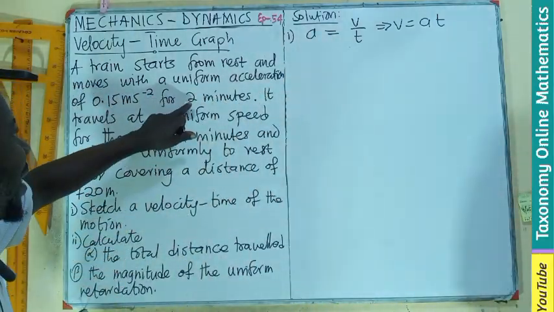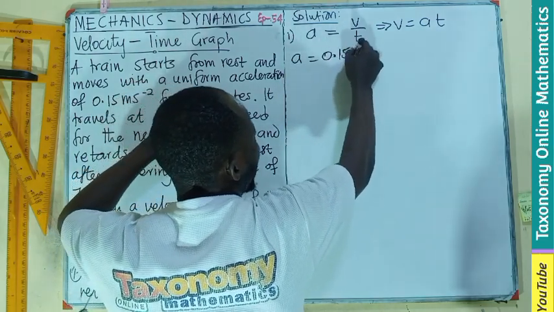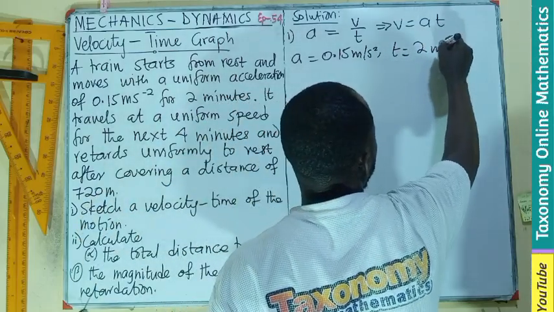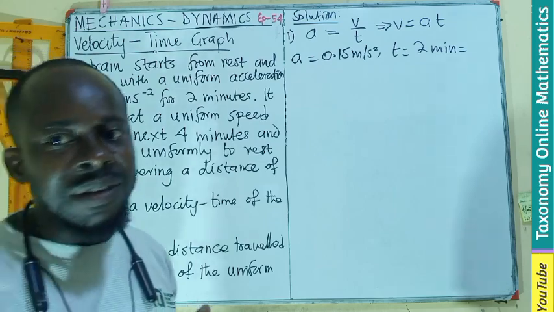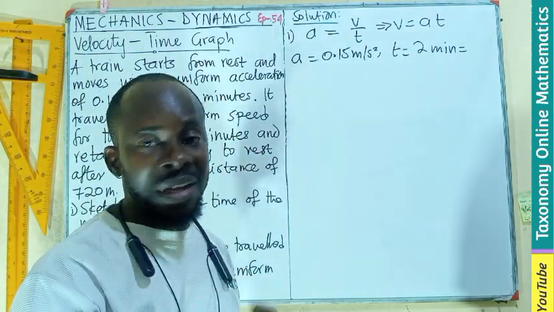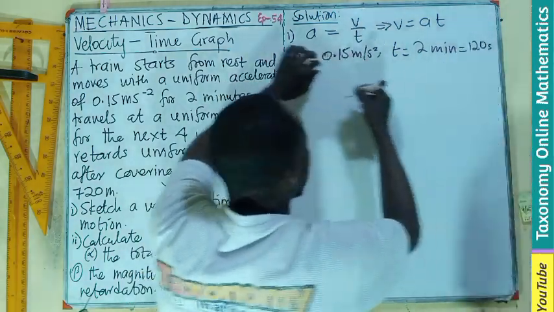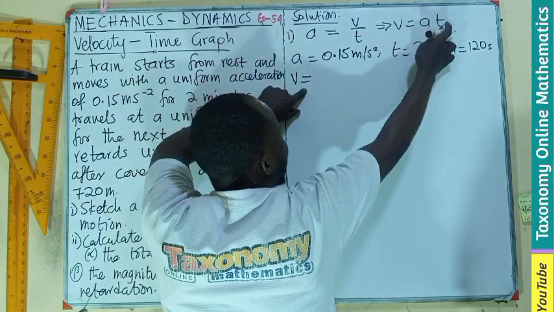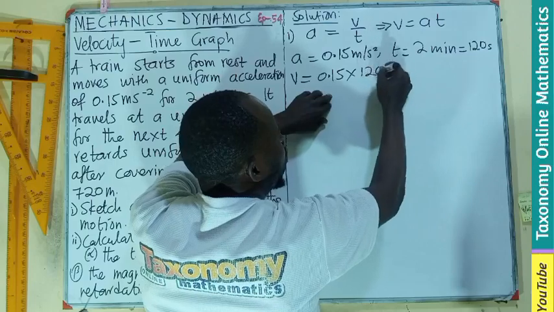So let's convert it into seconds. We have a equals 0.15 meter per second square. Our time is 2 minutes, which we can convert: 1 minute is 60 seconds, so 2 minutes becomes 120 seconds. Therefore, the velocity we are looking for is 0.15 times 120.